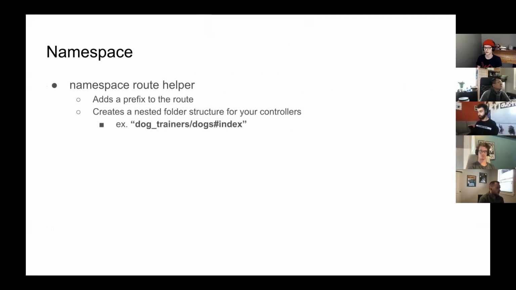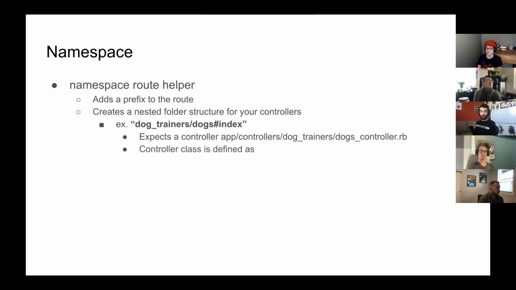So this would be the example that I would have in mind. This would expect a controller to live in app controllers, dog trainers, and then the dogs controller would be inside that folder. Another important thing to note about using this namespace syntax is that the controller class is defined differently.